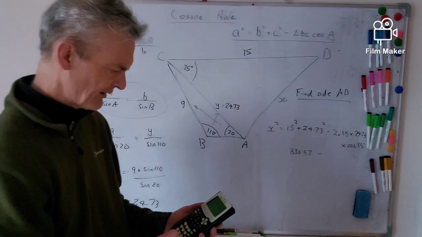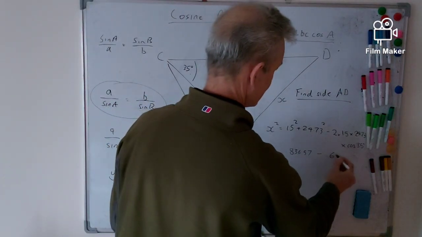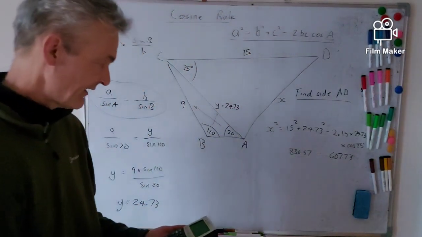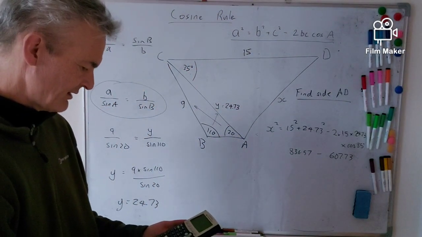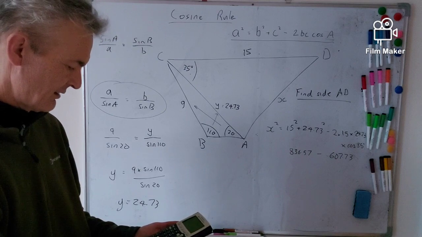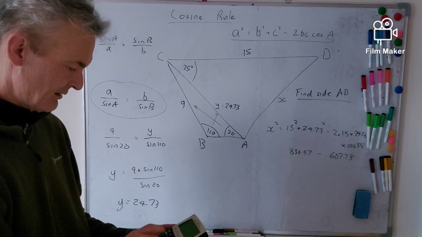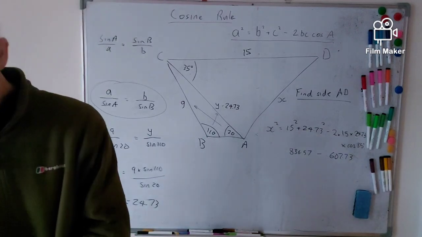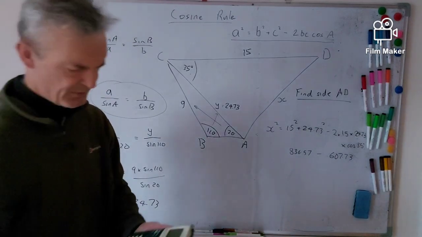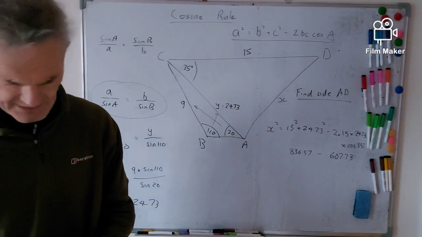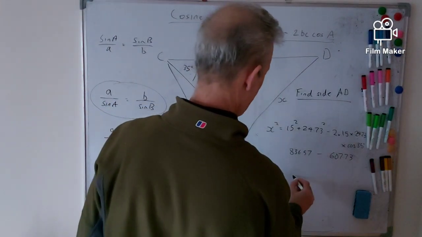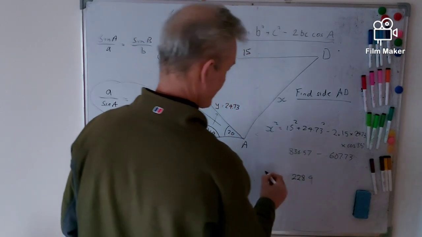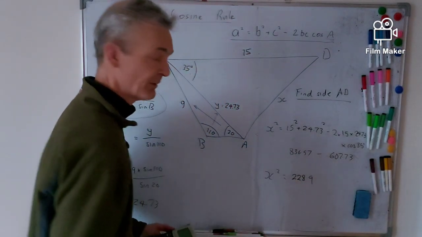And that gives us 607.73. Okay, if I take those from each other, we get 228.9. Okay, so x squared equals 228.9.